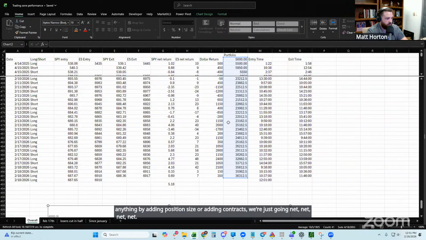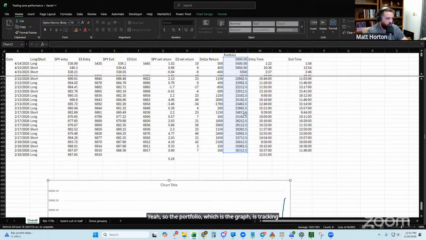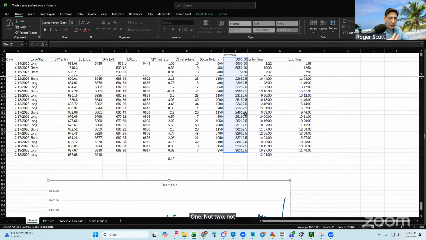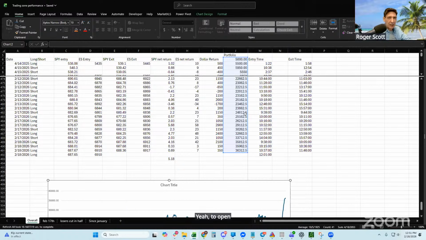So the portfolio, which is the graph, is tracking one E-mini contract on every single position. One, so not two, not three, not four. To open up a full E-mini contract, it would be the same. We're not leveraging anything.